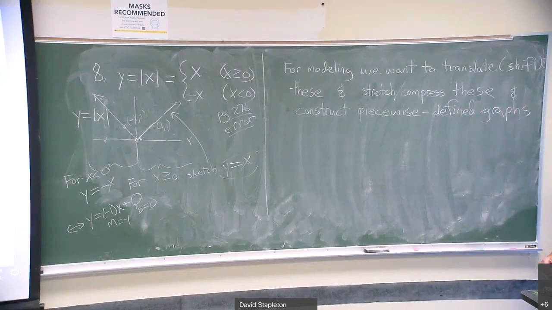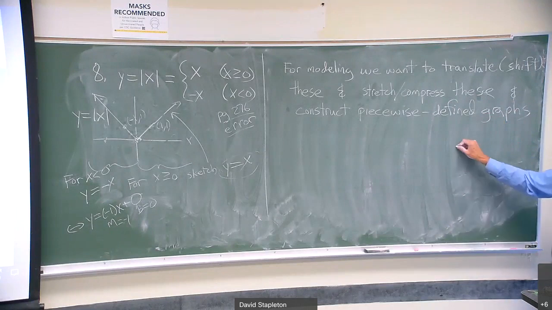But all those are useful. These piecewise defined graphs, you say, who needs these piecewise defined things? That's actually what they give a couple examples in the text. The way they define things like tax tables, you find they're actually piecewise lines if you plot them. That kind of thing is very common.